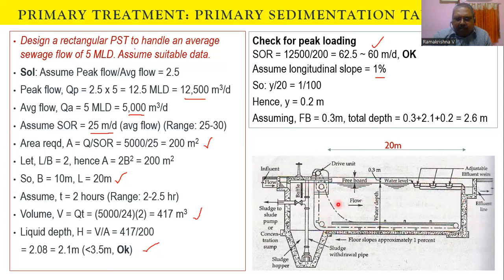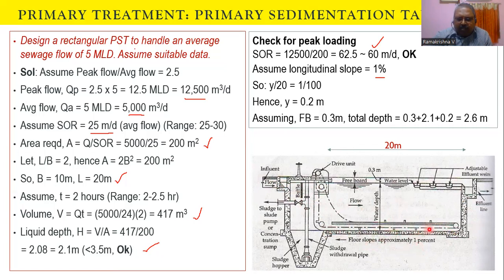And the particles will be flowing across a baffle into this tank. The baffle is only to direct the water into this rectangular portion or settling zone. All the particles will be settled down at the bottom of this rectangular portion. And we are making a sloping surface here, usually around 1%, which is what we call the longitudinal slope.